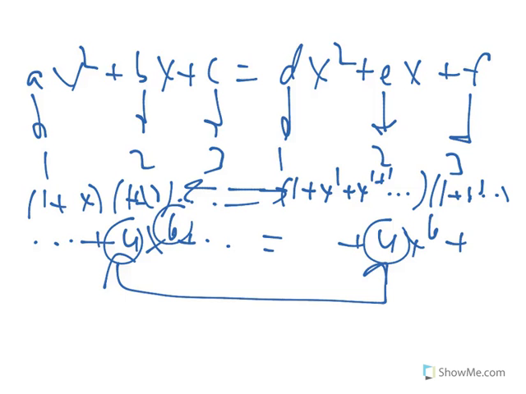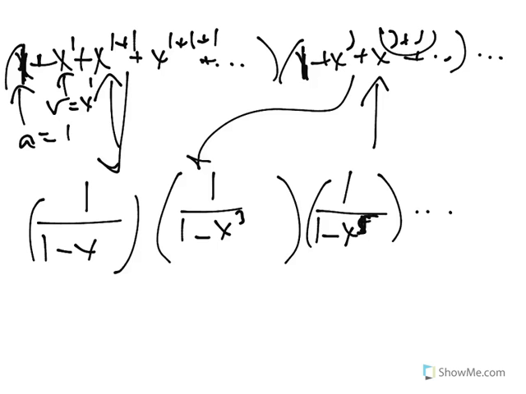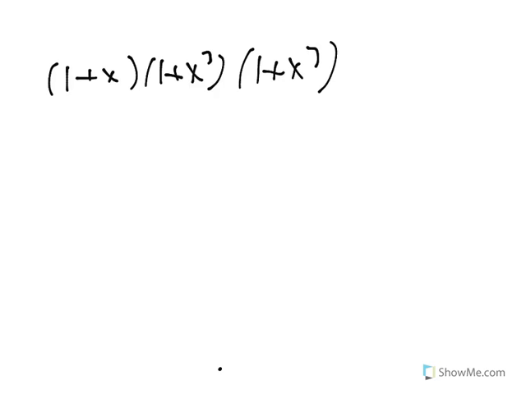So you might wonder, aside from asking you to reproduce this proof, what kinds of test questions could we ask? Well, I could do something like this: 1 plus x, 1 plus x to the 3rd, 1 plus x to the 7th, 1 plus x to the 8th.